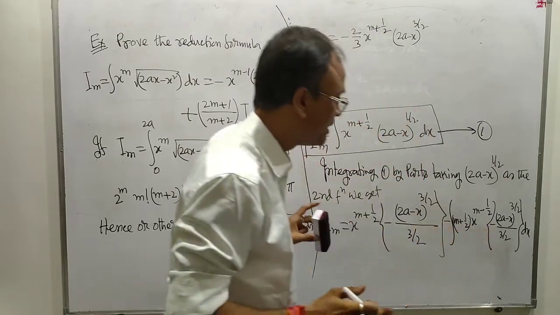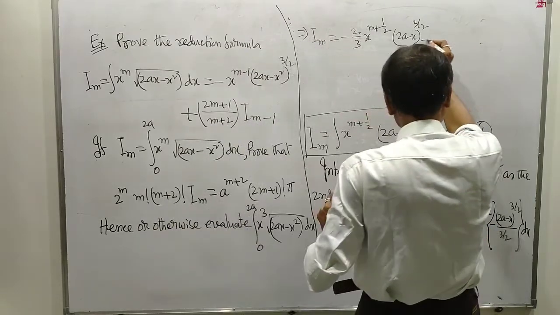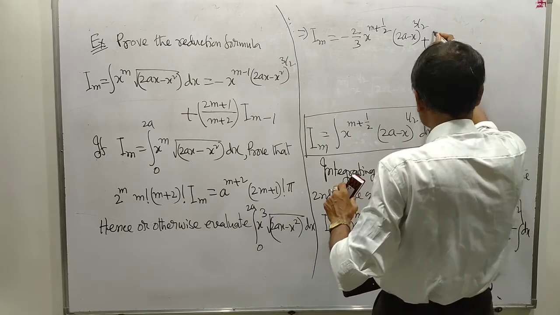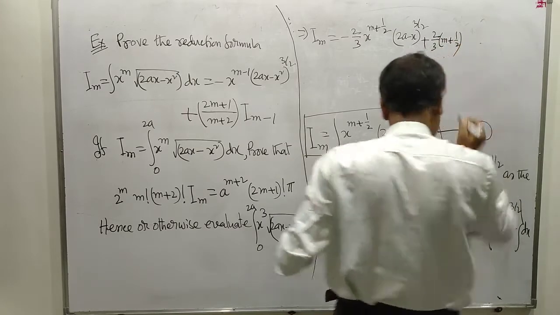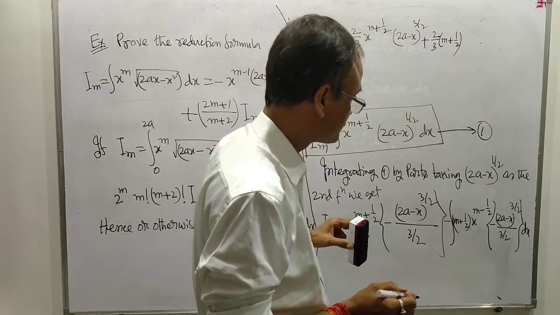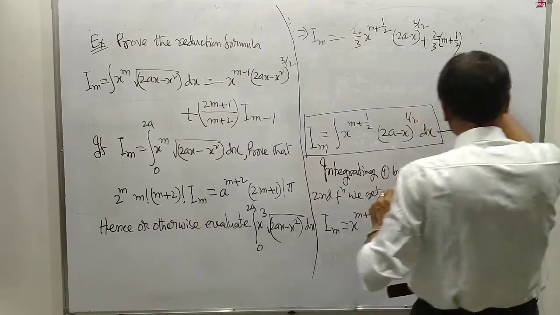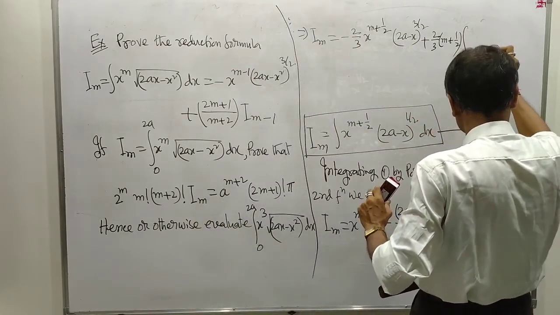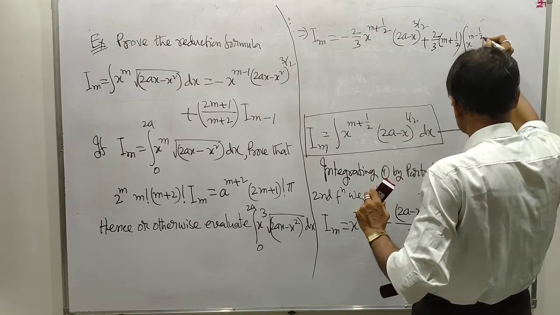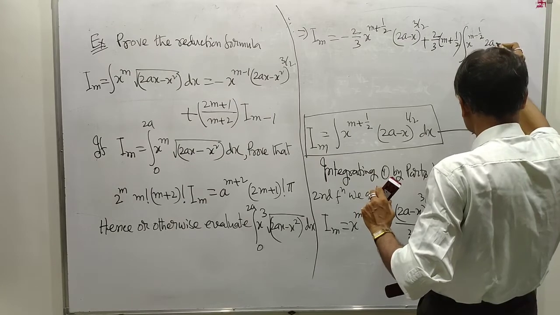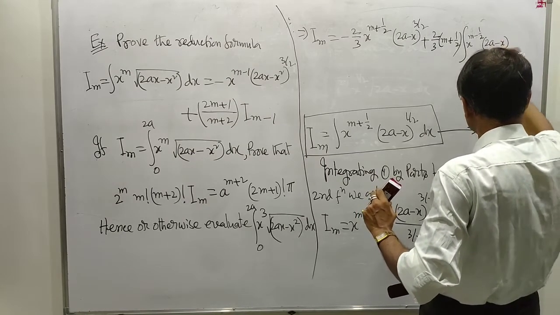Minus minus, it will be plus 2 by 3 m plus half, integrate x to the power m minus half into twice a minus x whole to the power 3 by 2.